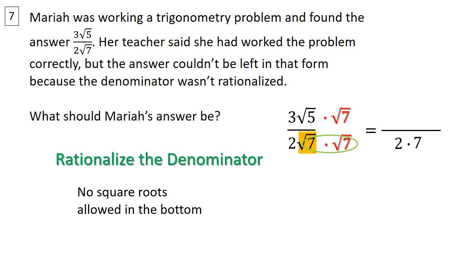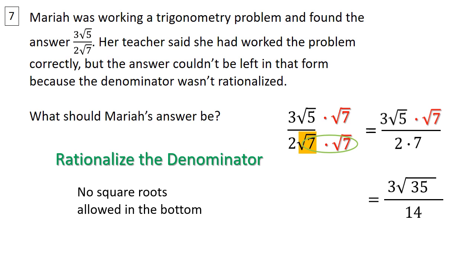Remember, when you're multiplying radicals, we can multiply outside numbers times outside numbers. Well, the only outside number is 3. I can also multiply inside numbers times inside numbers, and they go inside. So that's going to be 3 times the square root of 5 times 7, which is 35. On the bottom, 2 times 7 is 14.